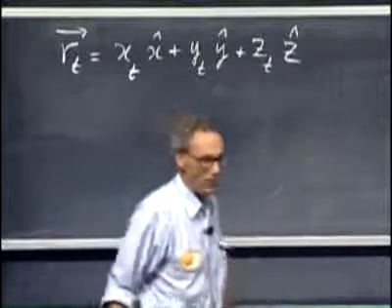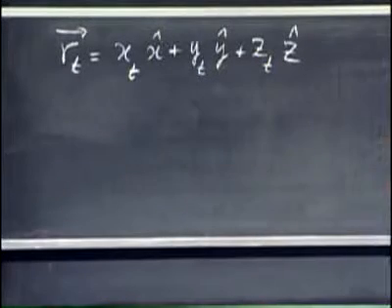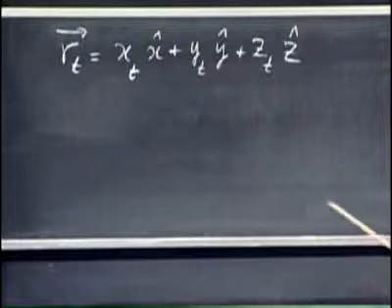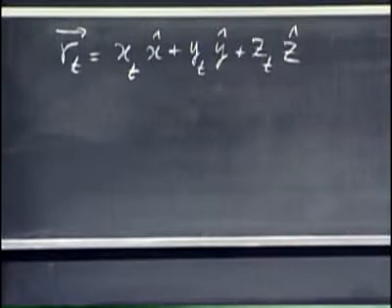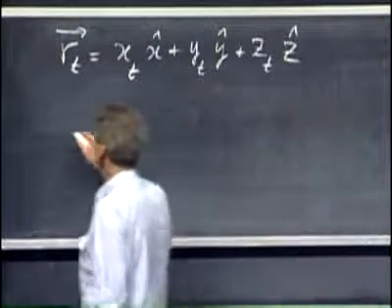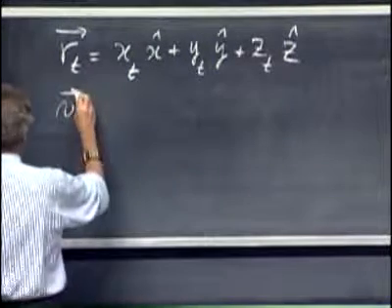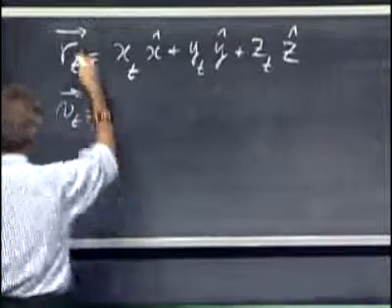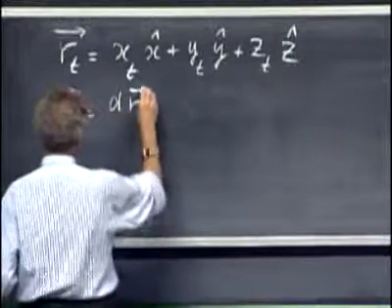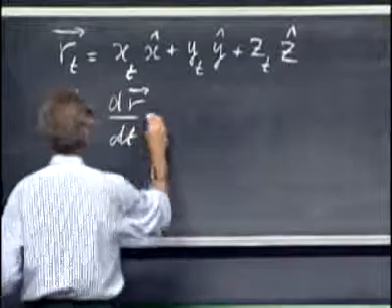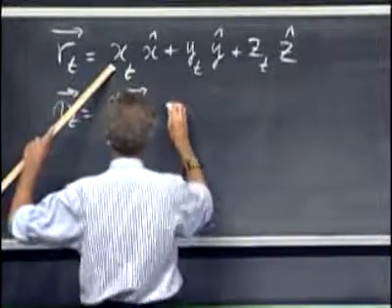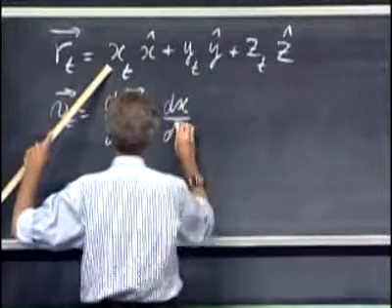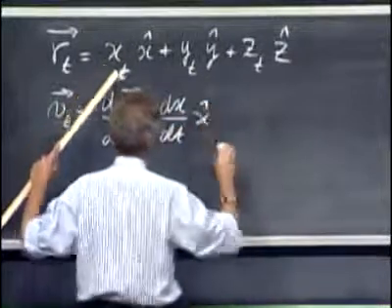I have decomposed my vector R into three independent vectors. Each one of those changes with time. What is the velocity of this particle? Well, the velocity is the first derivative of the position. So that is dr dt. First the derivative of this one, which is dx dt x roof.